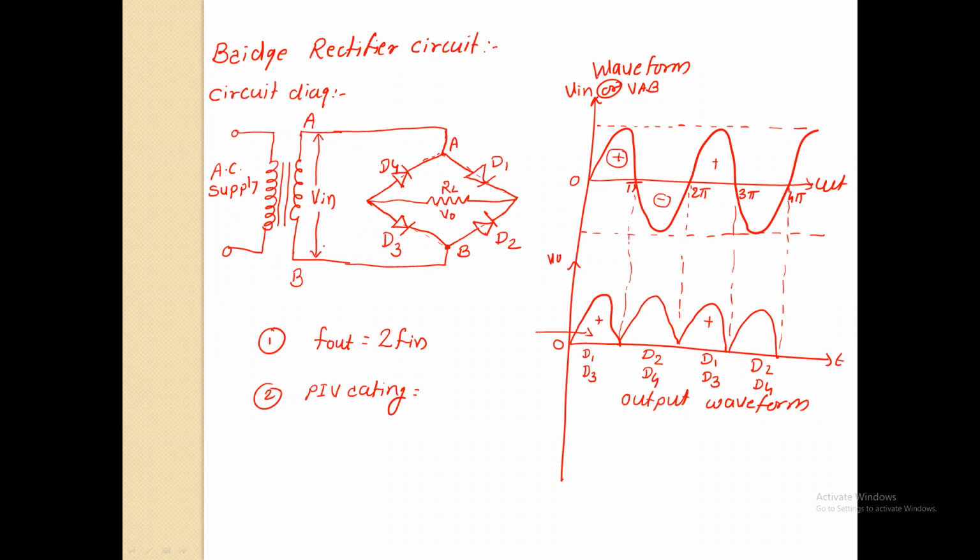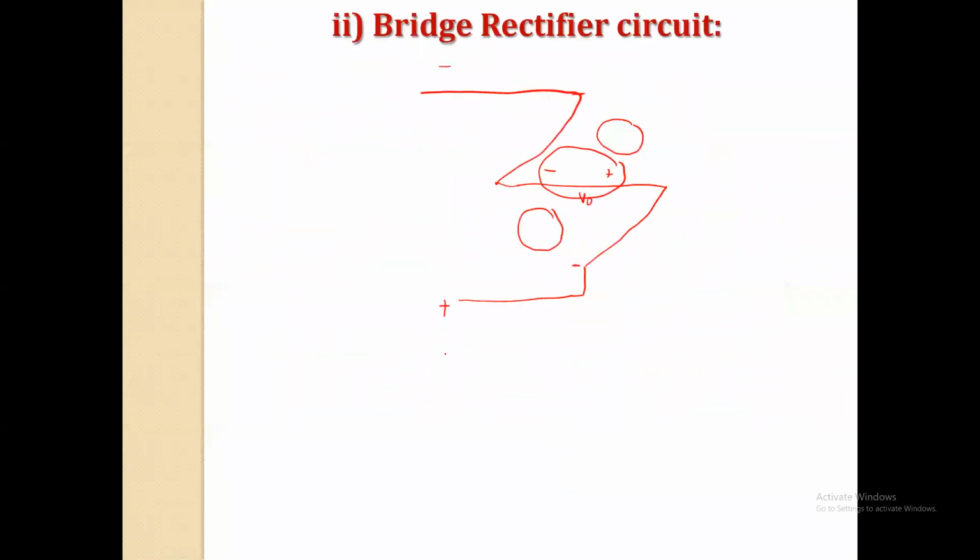But in the bridge rectifier circuit, a center tap transformer is not required. So the PIV rating of the bridge rectifier circuit is VM. This is the major difference between the center tap full wave rectifier circuit and the bridge rectifier circuit. Is this point clear? Now you can see the animation here.